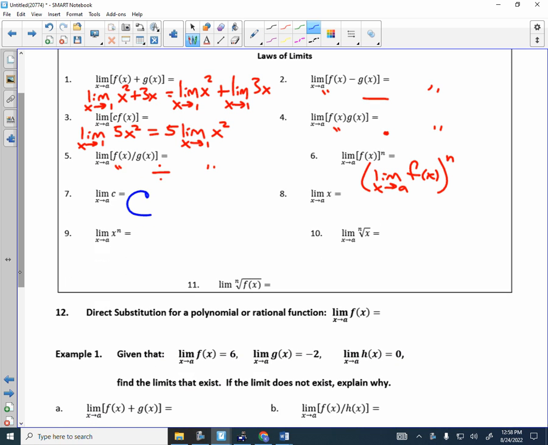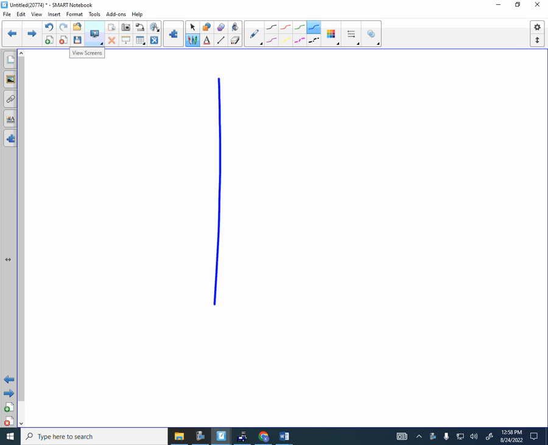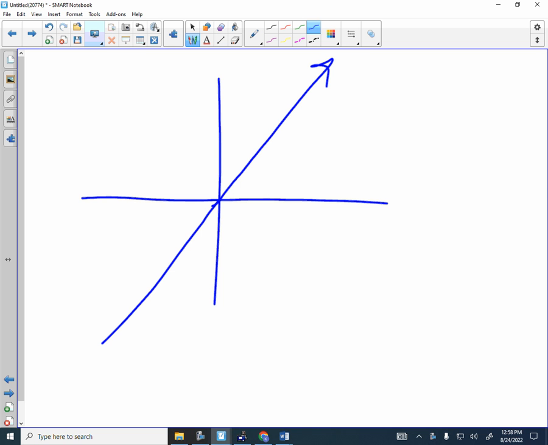Limit as x goes to a of x. Let's think about what that graph looks like. What does the graph of x look like? Y equals x. Good. It looks like this. Agreed? So pick a number. Limit as x approaches 2 of x.